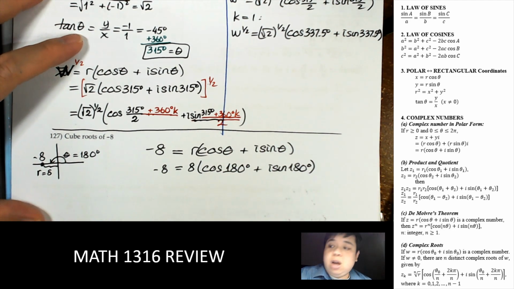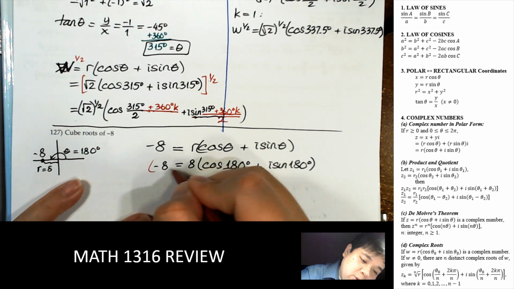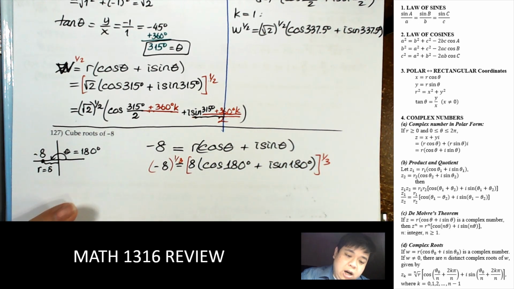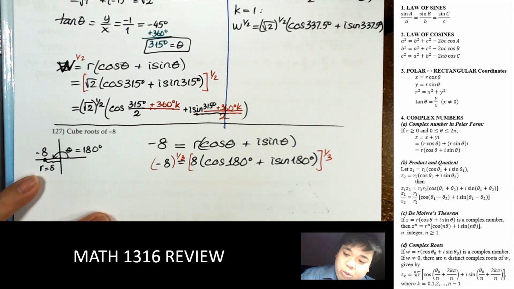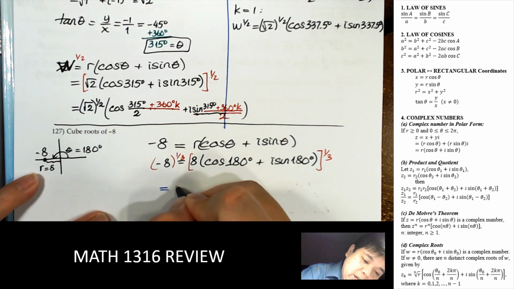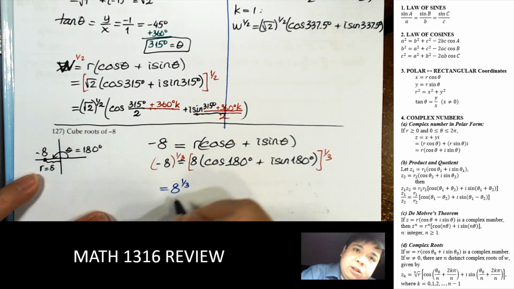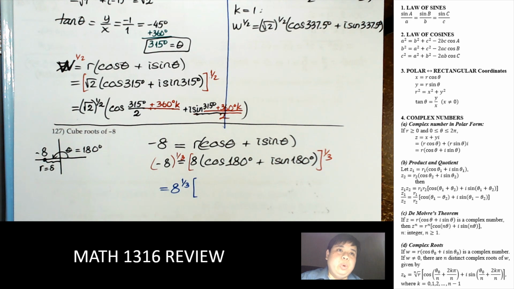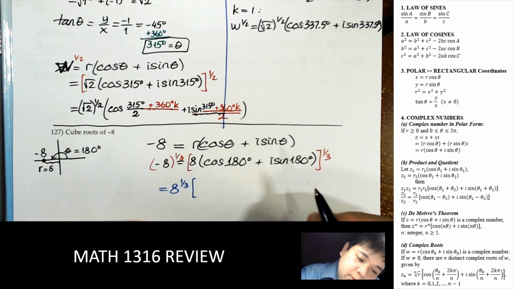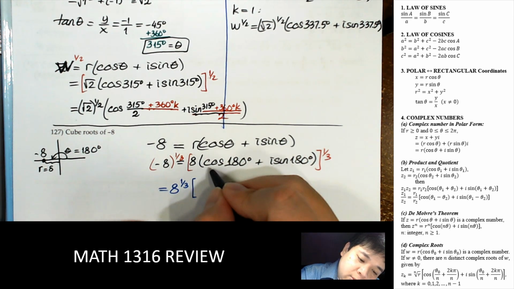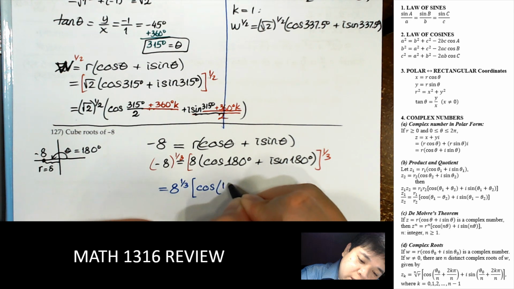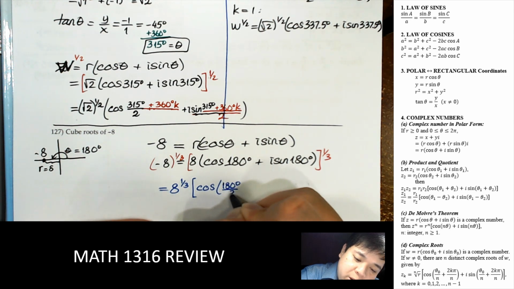And then both sides will be raised to the 1/3 power. Going to that theorem, we're going to have r to the 1/3, or the cube root of 8, which is 2. And then we have cosine of 180 degrees divided by 3.